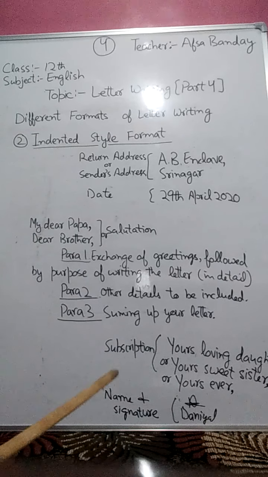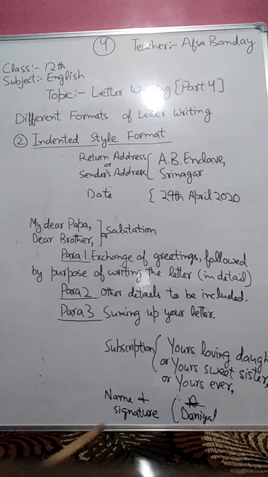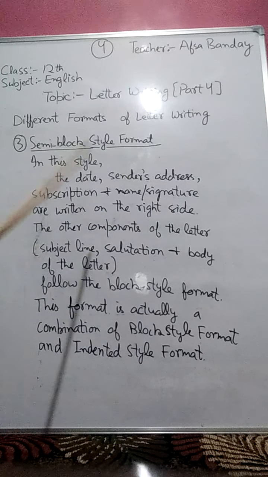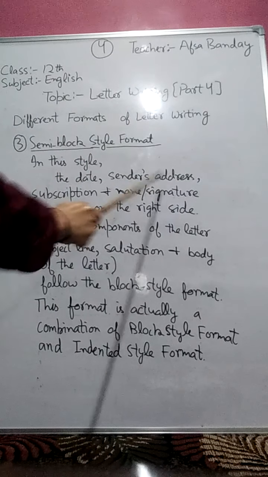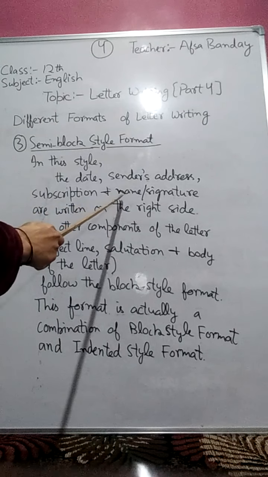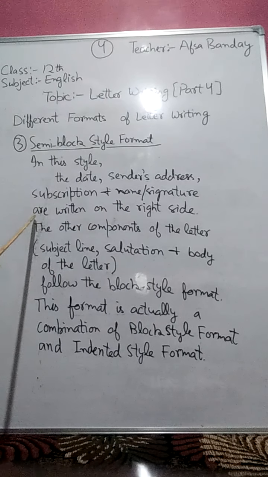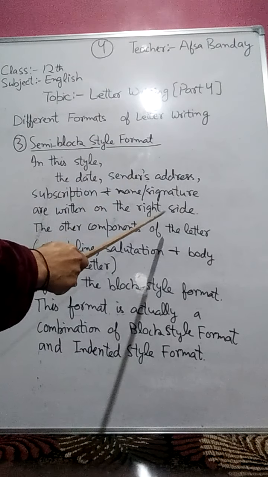And now we will discuss another style, and that is semi-block format. Coming to the semi-block style format, in this style the date, sender's address, subscription, and name and signature are written on the right side.